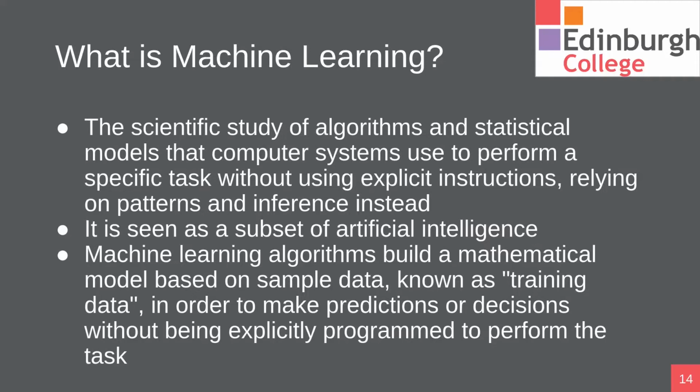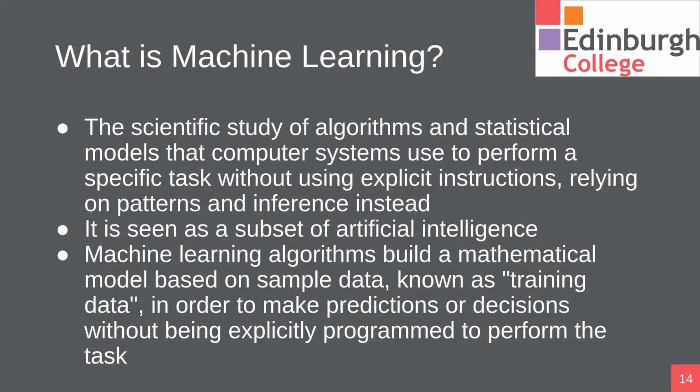So it's about creating some sort of an algorithm to allow the machine to learn how to respond or perform a specific task, but without having direct instructions about that task. So we can try and train a machine with data using training data to try and help that machine respond. And this is seen as a subset of artificial intelligence.